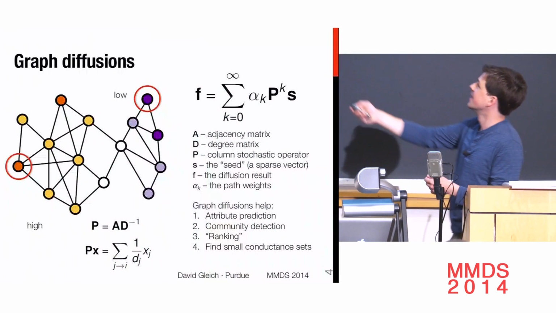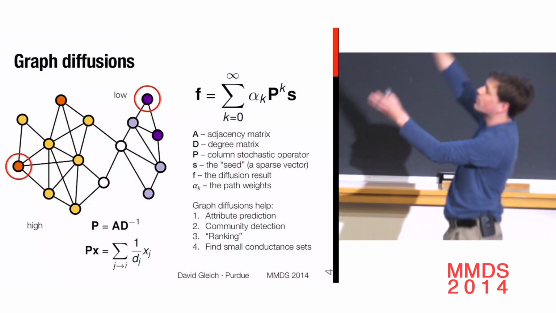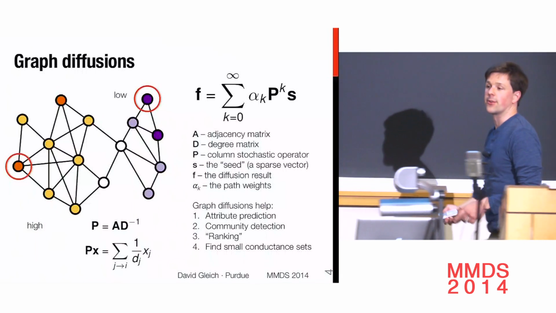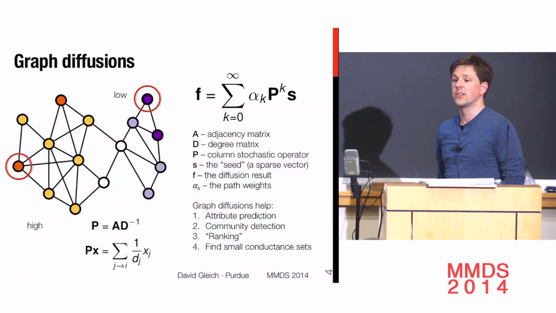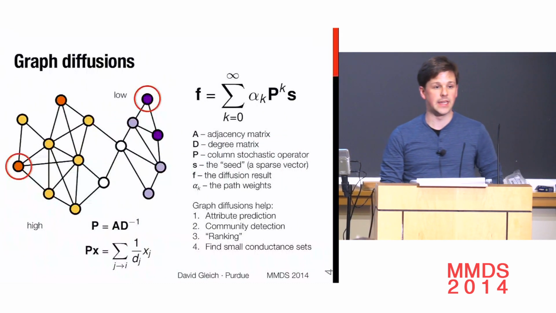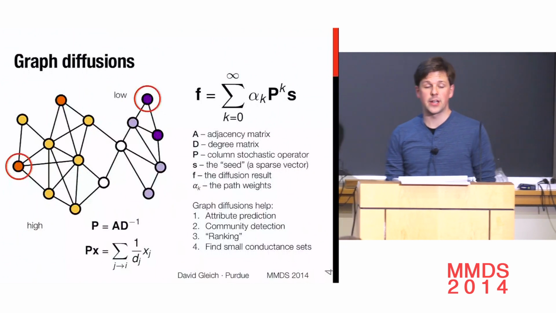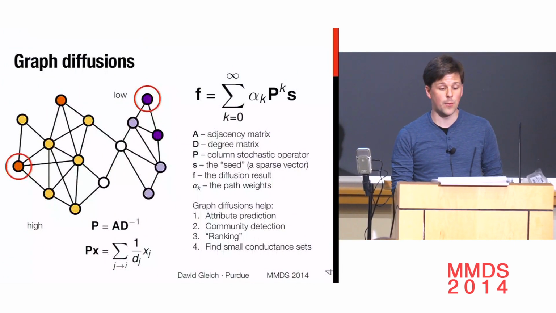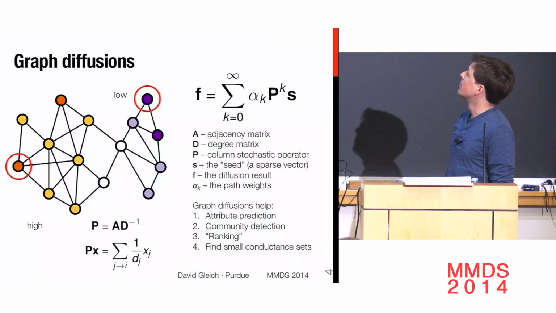Here we've got whatever the orangey color is spreading over that region of the graph. And how does it spread? Well, we're just going to take a series expansion. We're going to take a weighted sum of P to the K, where alpha sub K is how much we're going to weight a path of length K.